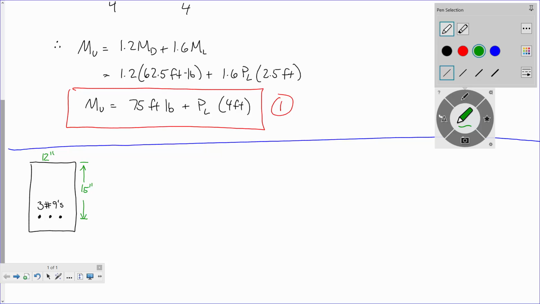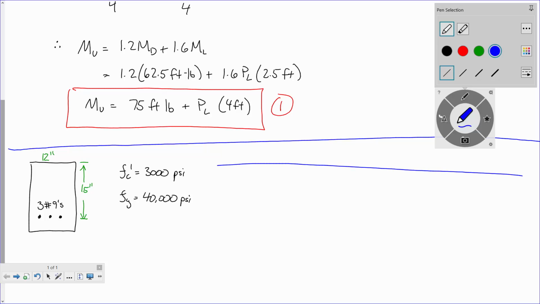Okay. Now we were also provided with f'c is 3,000 psi, and we were provided with fy is 40,000 psi, right? So if I look at this from a strain perspective, we're looking at ultimate strengths, right?